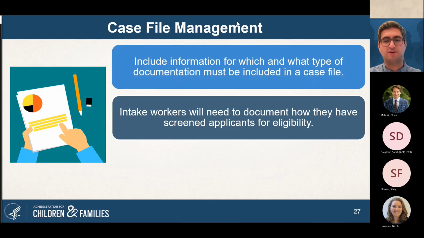Things to consider including are calculations used to determine gross or net income, case notes that describe any inconsistencies between applicant information and information intake workers have obtained or reviewed during the income and identity verification process, documentation of all communication and communication attempts with the applicant, including how the intake worker requested missing or additional information for incomplete applications, and documentation that supports the steps taken by the intake worker to verify identity and income. For example, determining eligibility for LIHWAP and how that was overseen.